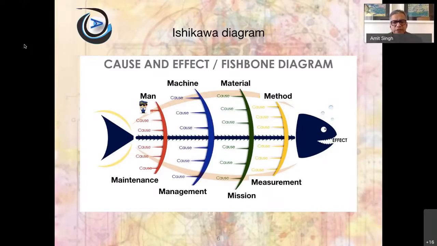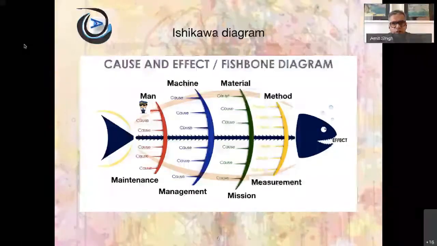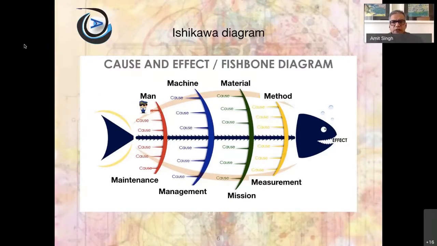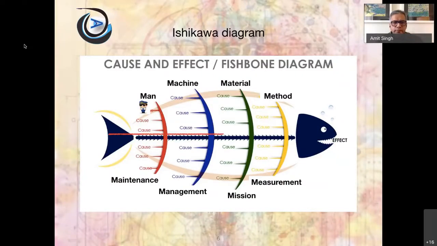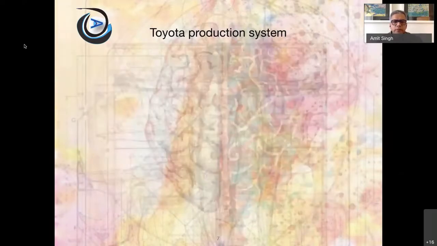For 5 times, you will come to, or come close to, the root cause. ATSB uses another method, but this is the most common method used. It originated from quality, the production quality, but is very effective in investigation also. So this is what was introduced later, and of course, the man is still an element, but a smaller element. The origin was in the 1960s in the Toyota production.